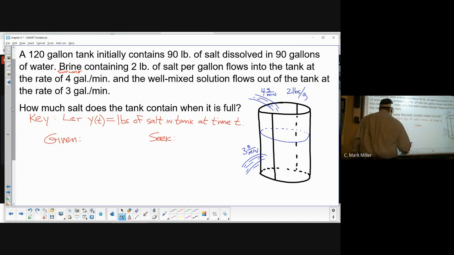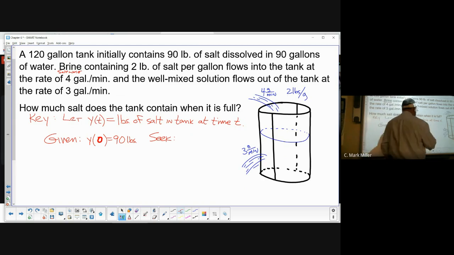So we're given that y of 0 is 90 pounds. We seek y when the tank is full.